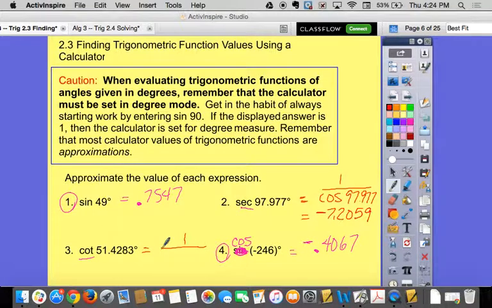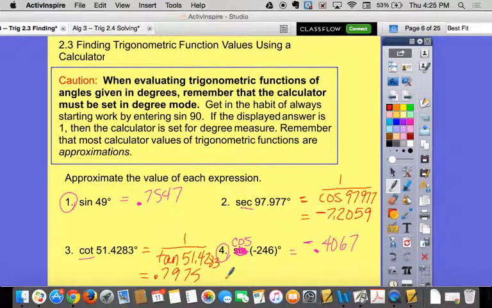Then I know that 1 over tangent is the same thing. Keep your angle the same. So that's going to be 1 divided by tangent 51.4283. And I've got 0.79, and it's supposed to be 75 when you round. Okay, I had to round up.